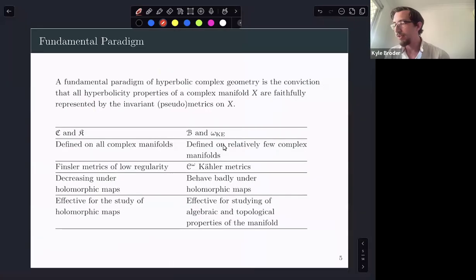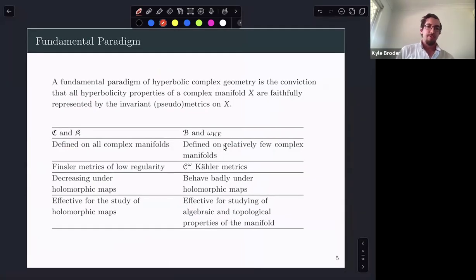Okay, so here's a brief summary of these two extremes. And also one of the main points of the talk, which is this fundamental paradigm which exists in the field, this conviction that all hyperbolicity properties of a complex manifold are faithfully represented by the invariant pseudometrics on the manifold.